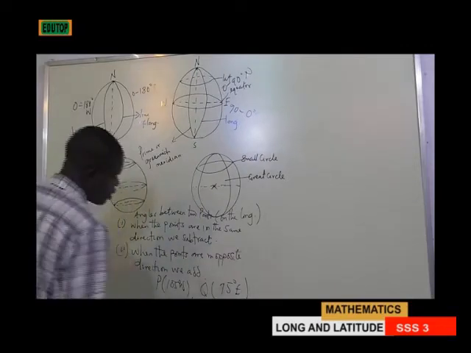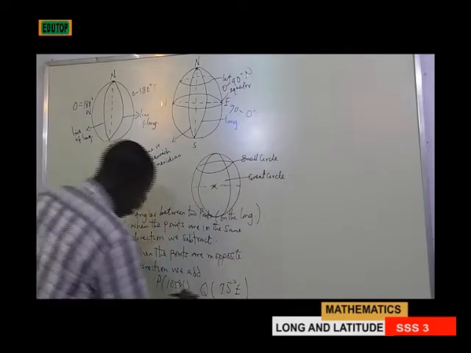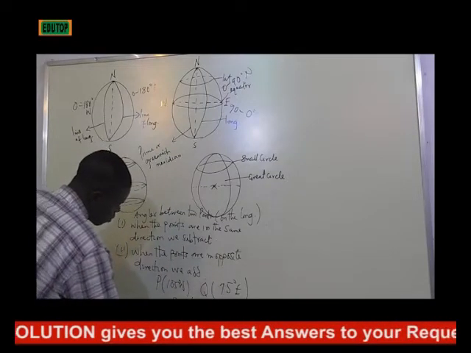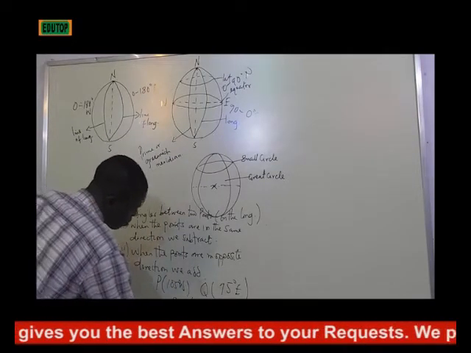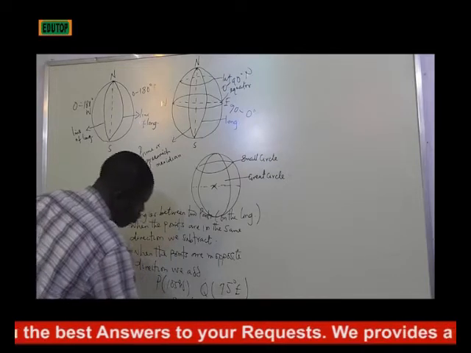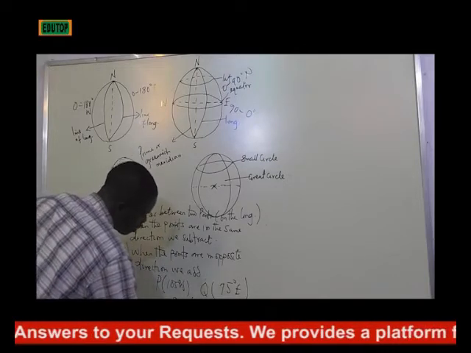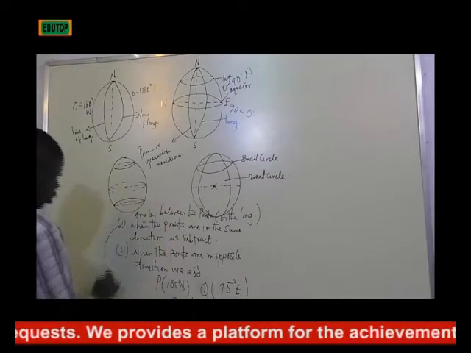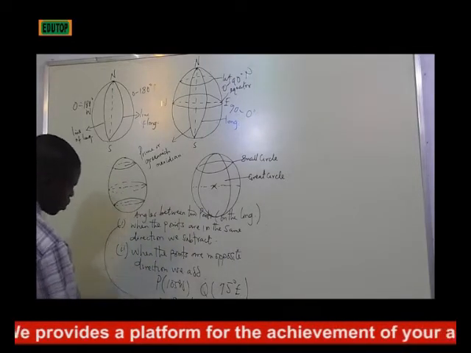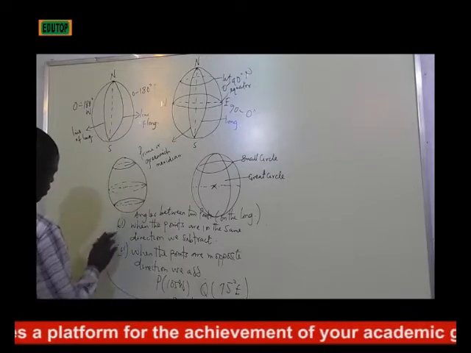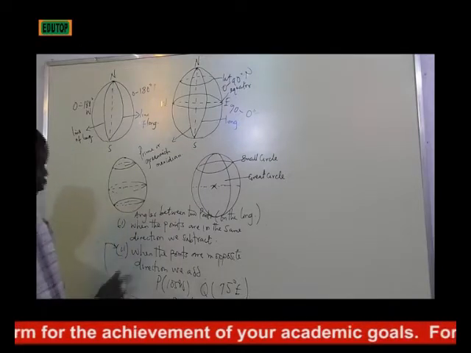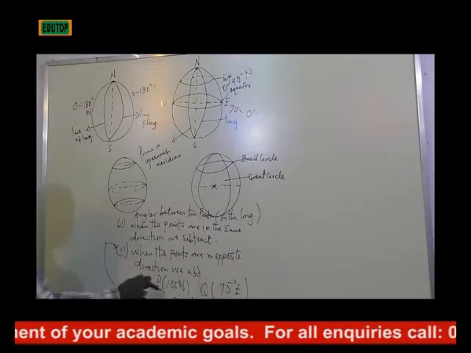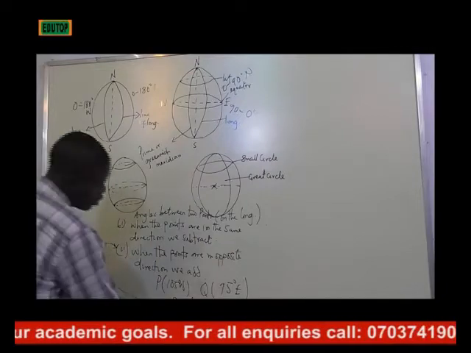If you look at this very well, you discover that they are in opposite direction. So it will be P plus Q, that is 105 plus 75. So the angle between them, which is theta, will definitely be 180 degrees. This one is justifying the second case, when the points are in opposite direction. So you have your theta.